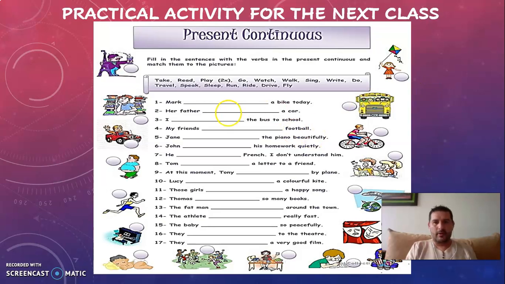The assignment is really important in this approach because through that kind of activities, students learn and determine important aspects to take into account to consolidate the topic. So in this case, in this assignment, they have to complete the sentences in present continuous, but also they have to match them with the corresponding images.